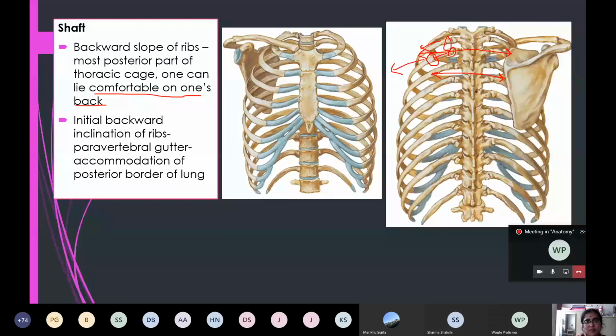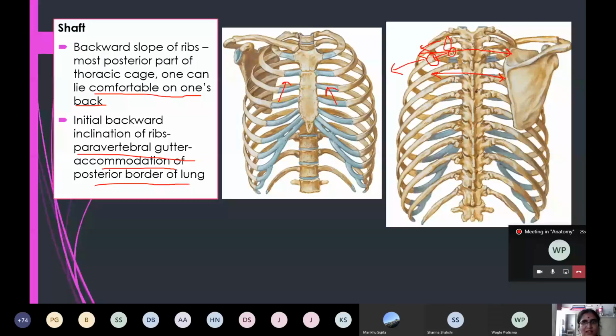Now, because of this, on the inner aspect, on both sides of the vertebra, there will be formation of a gutter. This gutter is known as the paravertebral gutter, for the accommodation of the posterior border of the right and left lung. So this is the functional importance of the direction of the shaft of the rib from the tubercle to the angle.